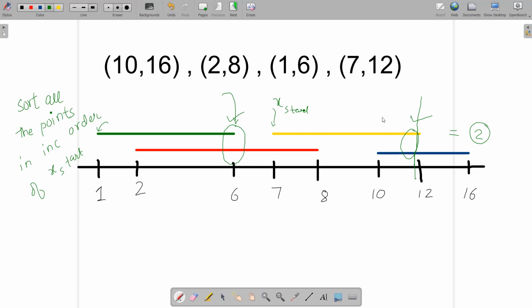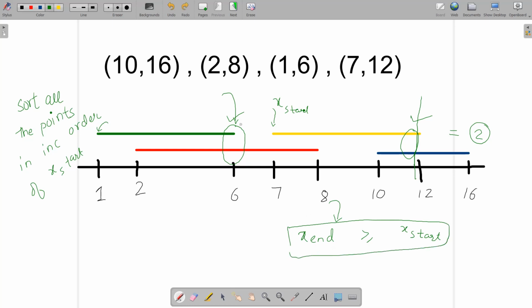So if I sort all the points in increasing order of x start, I pick the minimum x start, take its x end, and shoot an arrow at this x end position. Then I move on to the next x start, and if x start is still less than or equal to that x end, I say yes, this can still be burst with the help of this x end.